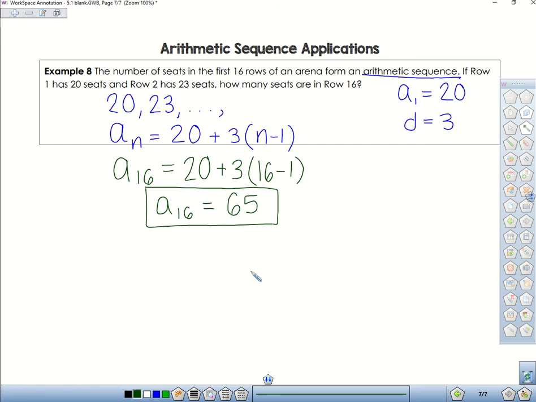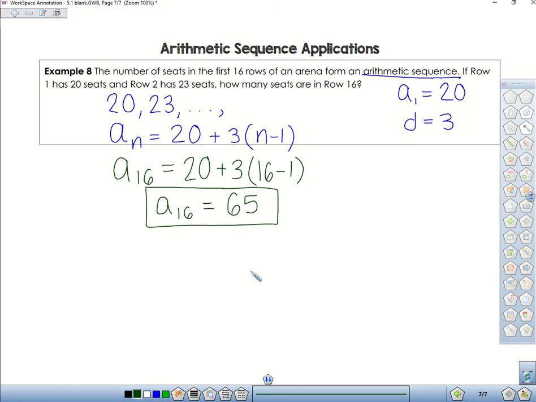Just because it has a pattern doesn't mean it's arithmetic. Arithmetic has to be addition or subtraction each time. This is multiplication. Multiplication and division are what we know as geometric sequences, which we'll talk about in the future. But I just want to mention that on the homework there is a geometric sequence that comes up, so it is not an arithmetic. So not every pattern is arithmetic. Alright, you can get started on the homework. Let me know if you have questions.